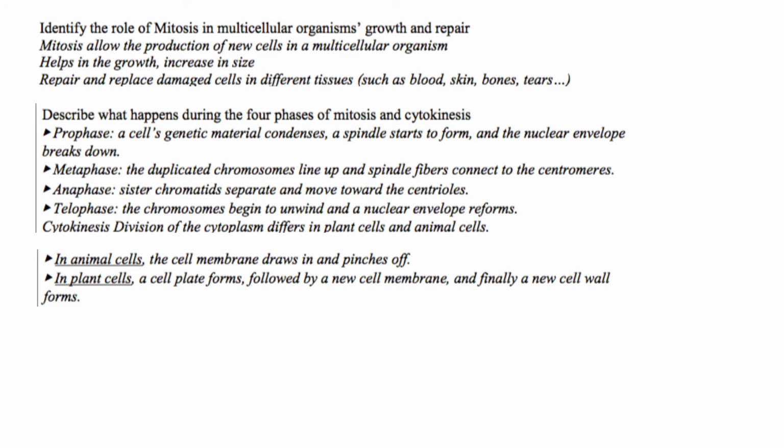So the cell membrane draws in and pinches off in animal cells. However, in plant cells, a cell plate forms. Now this cell plate helps in dividing the plant cell so that now there are 2 new plant cells. A new cell wall forms on the cell plate and 2 new plant cells are formed.